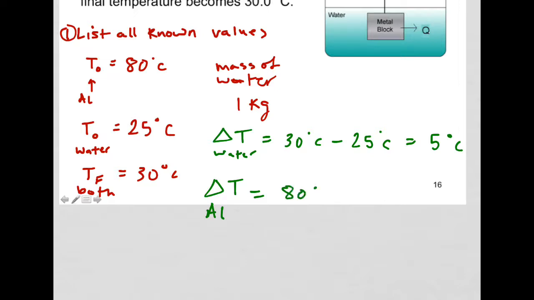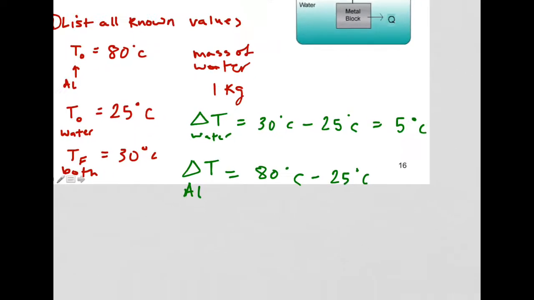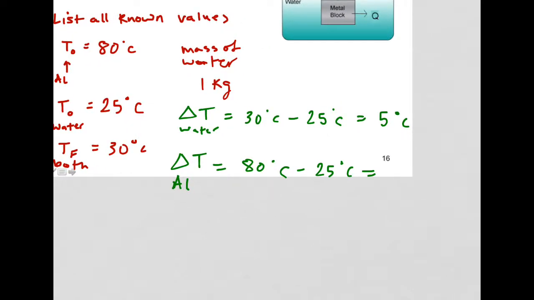I'll just do 80 because it's the change in temperature. It's not changing in which direction. So we're just going to make it positive. 80 degrees Celsius minus 30 degrees Celsius, and that's 50 degrees. 25 is the starting temperature for the water, so that equals 50 degrees Celsius.